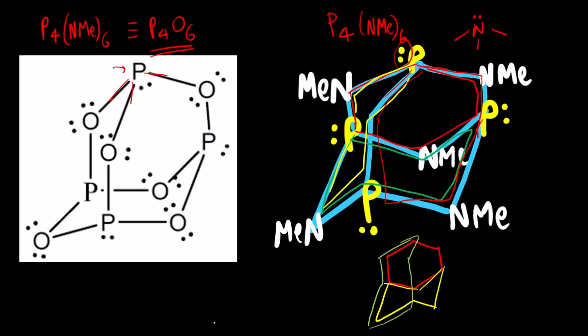This is the 3rd ring drawn in green, and the remaining one will be the orange one, 1, 2, 3, 4, 5 and 6. So there are 4 6-membered rings. You have to count this carefully. In a hurry you might mark only 2 or 3 rings, which would be incorrect. So a total of 4 rings are present.